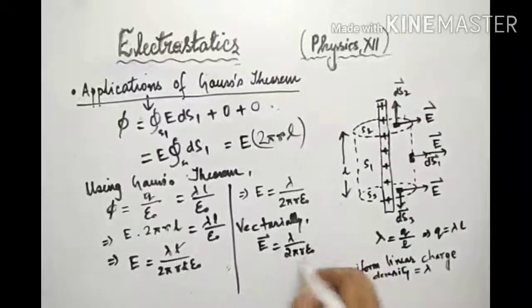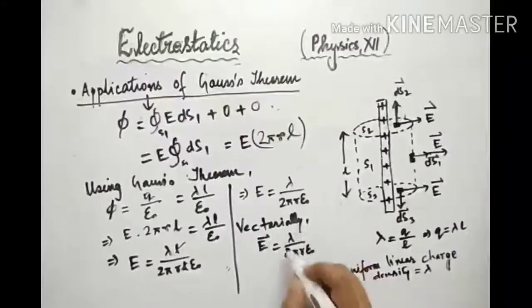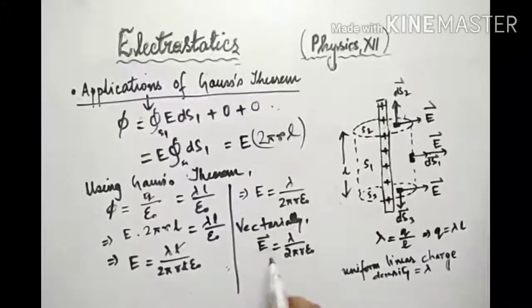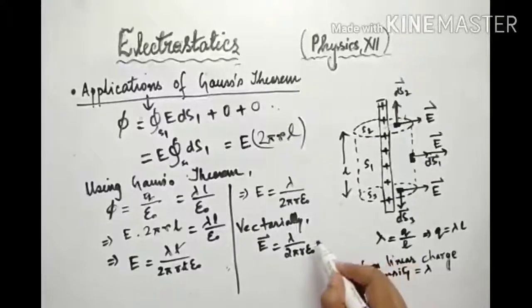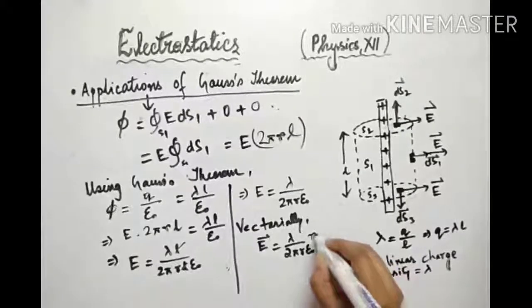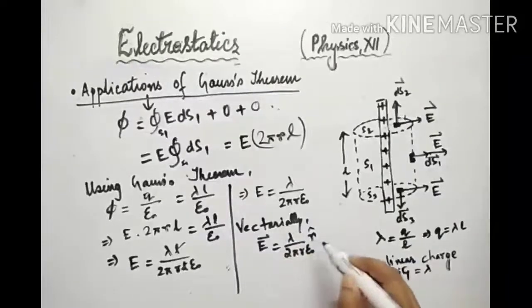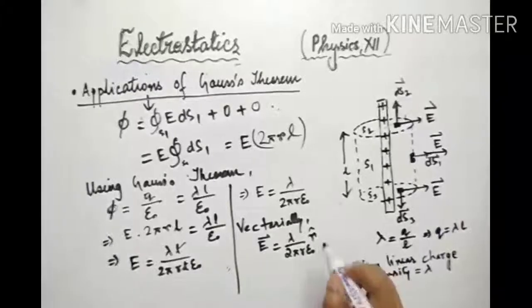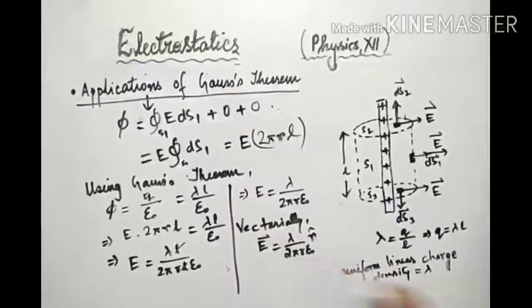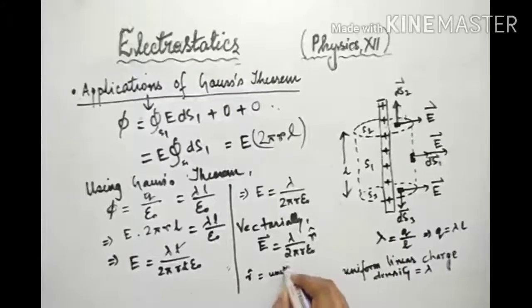Since we have written one vector term on the left side, on the right side also we should write something in vector. So here we bring a unit vector r, which will not change the magnitude but will only indicate the direction of this electric field. So r is a unit vector.